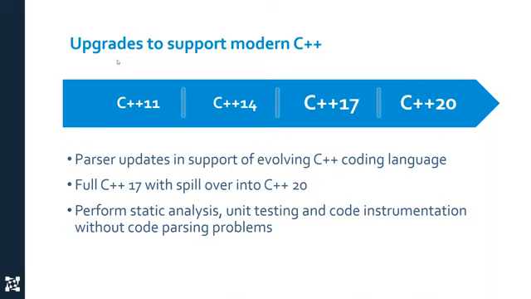So we have updated our parser, which includes complete support for C++17 and provides the majority of C++20 features. This enhancement eliminates known parsing problems, which prevent the successful execution of static analysis sessions and code coverage instrumentation.